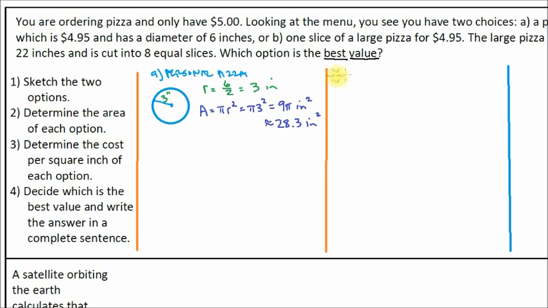Let's figure out the area of the second one. So let's go ahead and do this. Our second option, B, is going to be, let's call it, one slice of a large pizza.